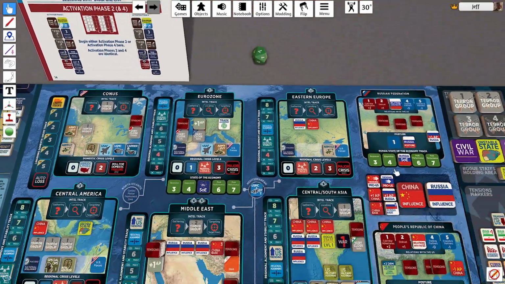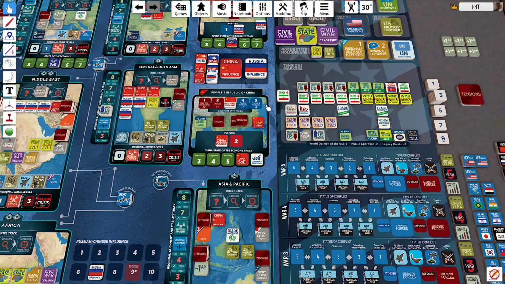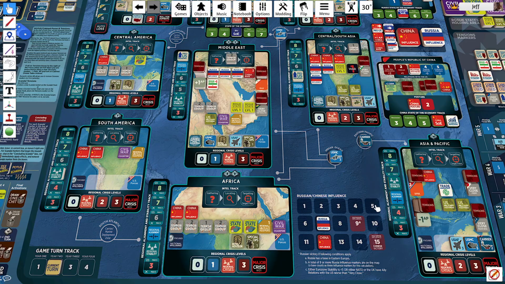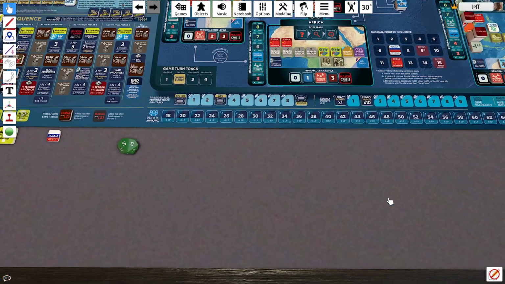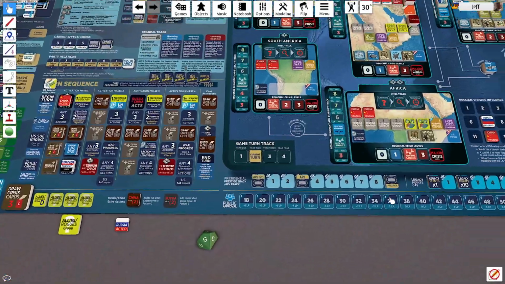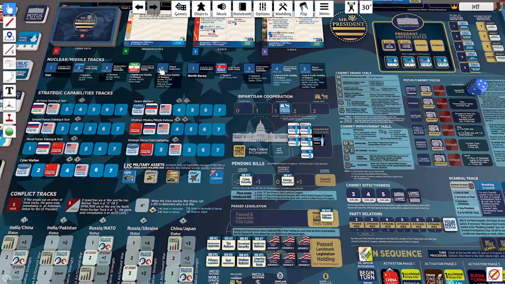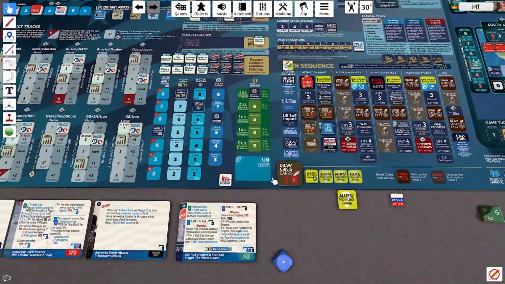So we go grab Iranian influence, and it goes on there for Israel. Which just means that all these tension counters are going to get a +1. Okay, all that was because I was able to remove this. Move that down a level. Okay.